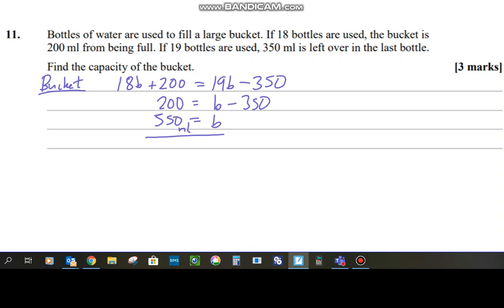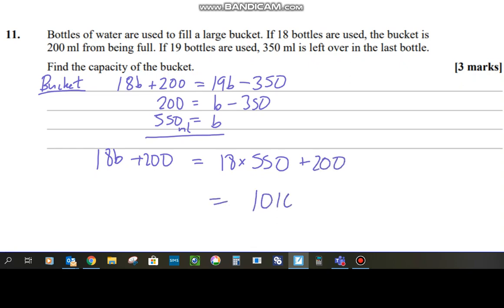I'm going to use the left hand side, so I'm going to do 18b plus 200, but b is now 550, so that's going to be 18 times 550 plus 200, and that gives me 10,100 millilitres, which I guess we will probably want to call 10.1 litres, but I'll accept either of those answers.